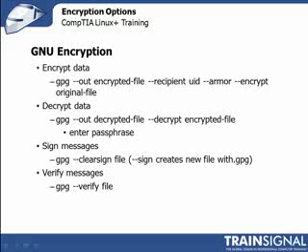Say you wanted to encrypt a file, you use the command gpg --output name of the encrypted file --armor --recipient user ID --encrypt the original file name. Armor and recipient are optional, and you can get the UID from the gpg --list-keys command. Or you could also use the email address instead.